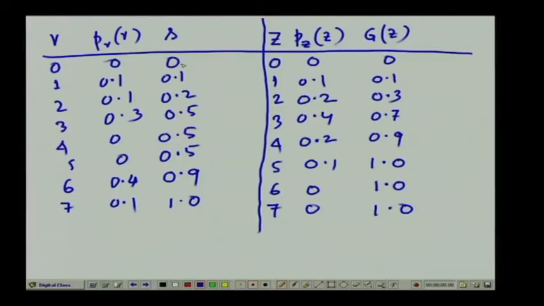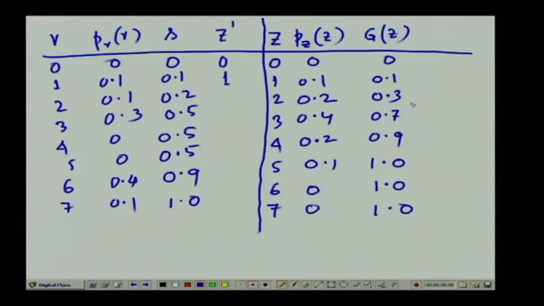Here I put the corresponding values of Z as Z prime. When S equal to 0, the minimum value of Z for which G z minus S is greater than or equal to 0 is 0. For S equal to 0.1, again I start with Z equal to 0, and I find that the minimum value of Z for which G z minus S is greater than or equal to 0 is 1.